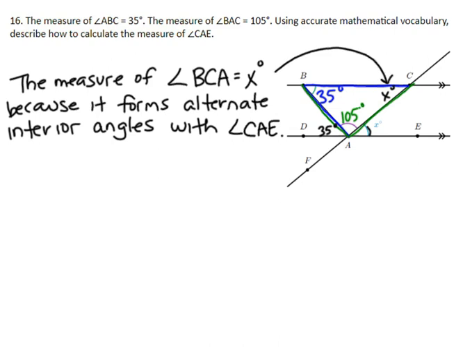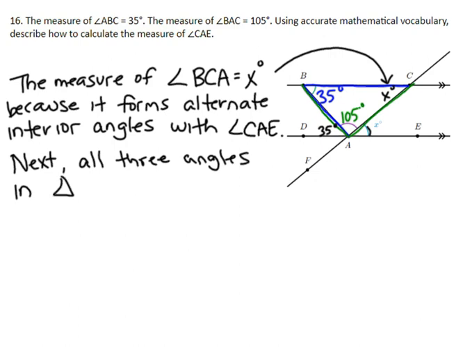And then next, I can use the fact that all three angles in a triangle add up to 180 degrees. That is the sum of the interior angles of a triangle. So next, all three angles in triangle ABC must add to 180 degrees.